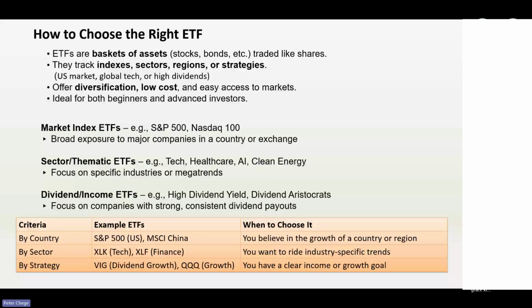So for example, the ETF could track by country, like the S&P 500, which is for the US, and MSCI for China. And when to choose this? When you believe there is growth of a company or region. Let's say the US is coming from an election and you know that the new policies which are coming will support the US economy, you can go for the S&P 500.